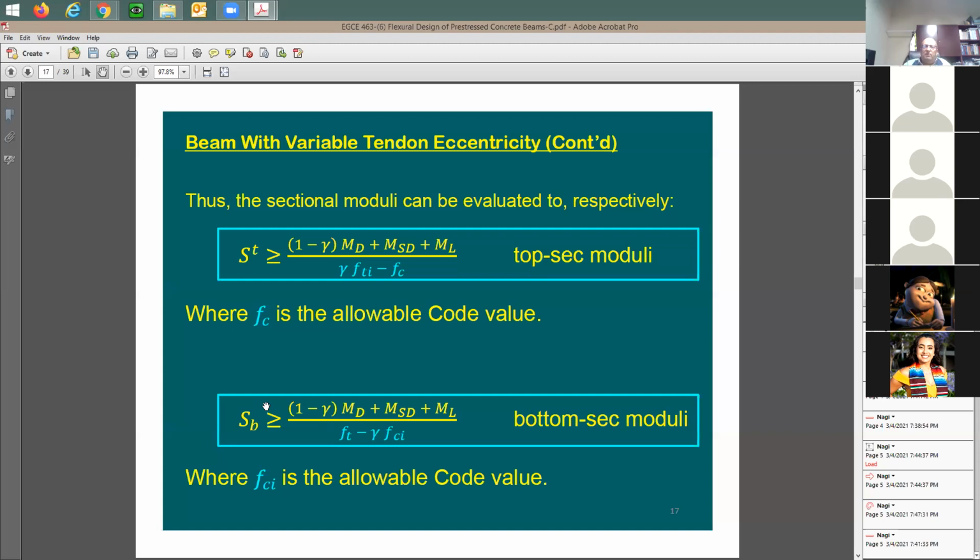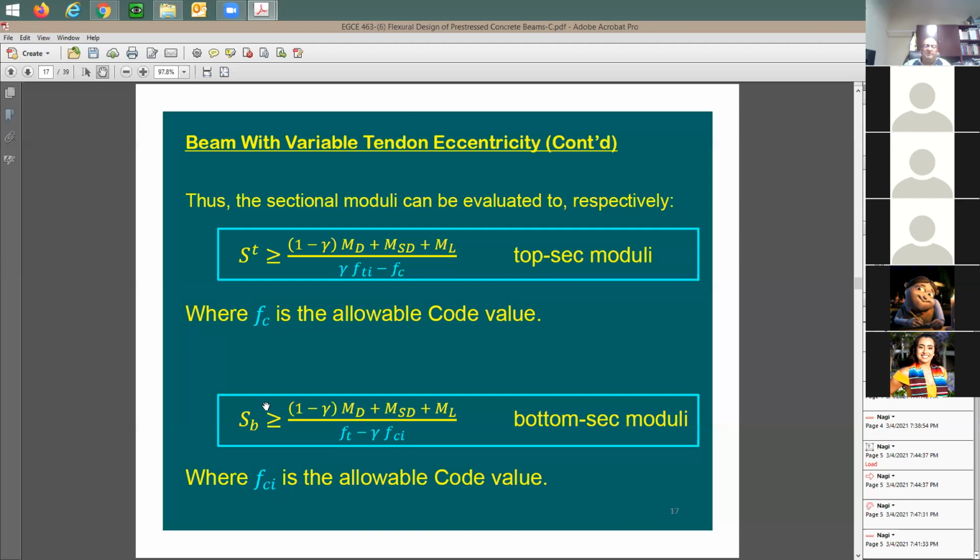It's going to satisfy all the stress conditions, stresses at the time of transfer and at the service level. Top and bottom, they're going to be okay. But the number of strands is going to be a lot. You don't want to go with this because the cost is going to be big. So in a case like this, you're going to go with larger S top and S bottom, and then you can control the number of strands that you like to put there.